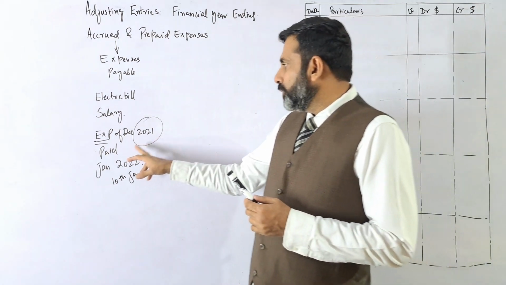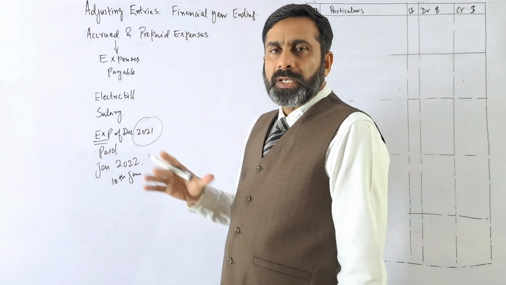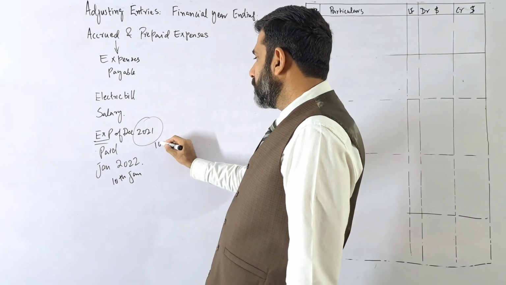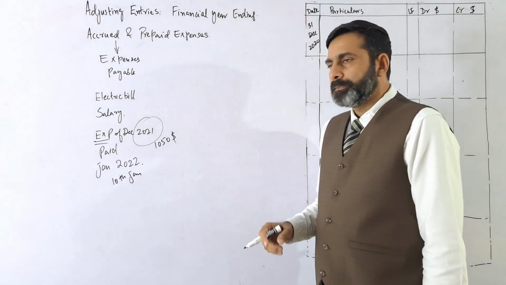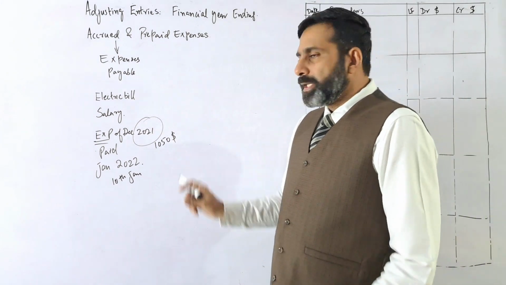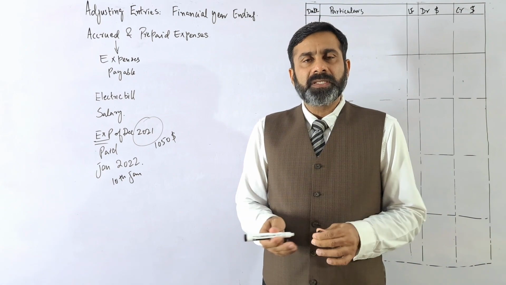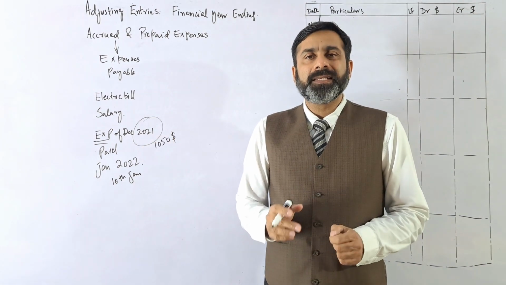So first of all, we have to see how much the total expense of the electricity is. Let's say the total expense is $1,050. Now, on 31st December, you have consumed the electricity. It is the expense of December of the year 2021, but it is still not paid.